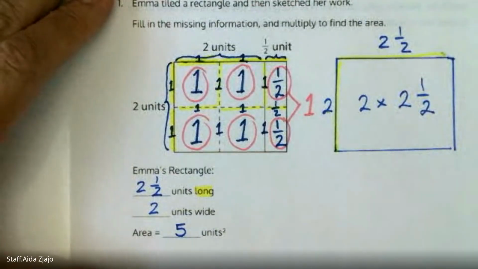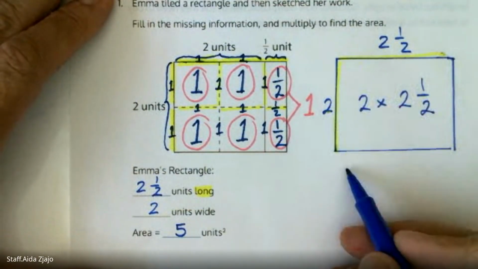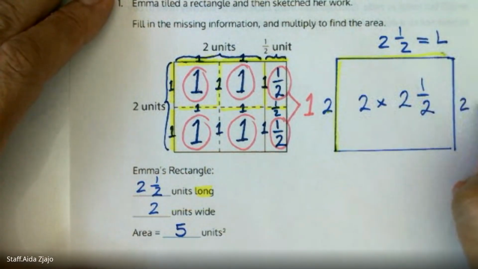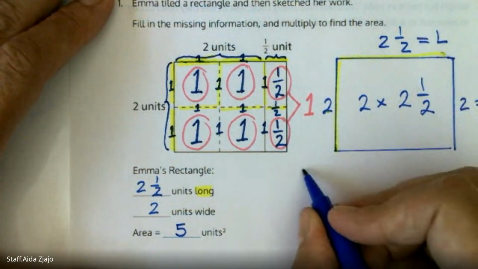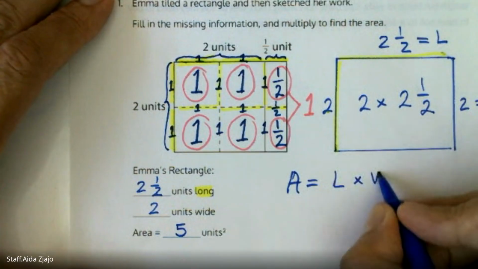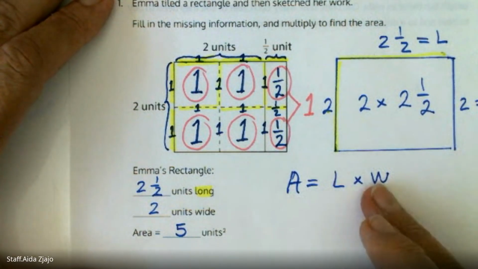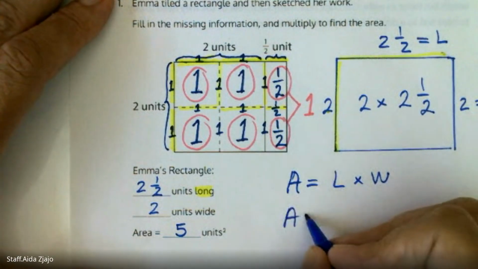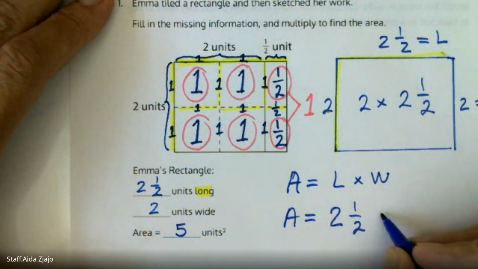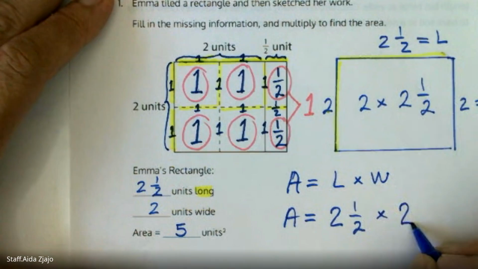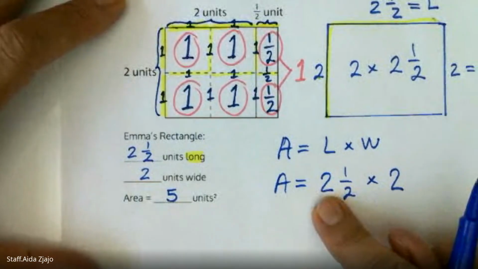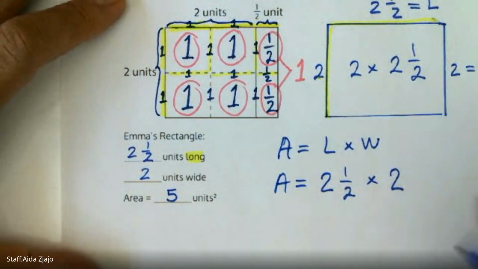So how can we prove that? By doing the standard algorithm, we know length times width. If this is length and this is width, we say the area equals length times width, long side times short side. Area equals length 2.5 times width 2.